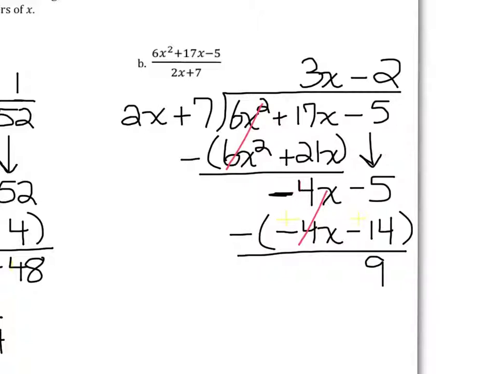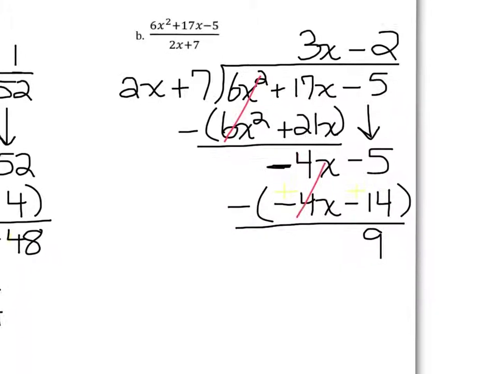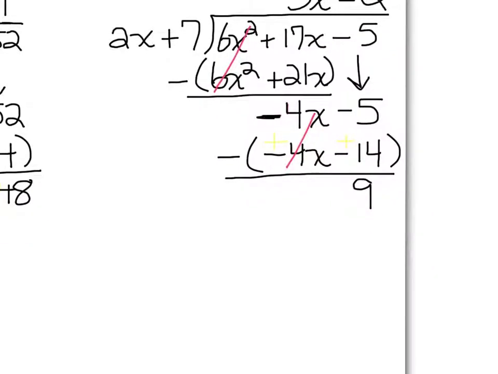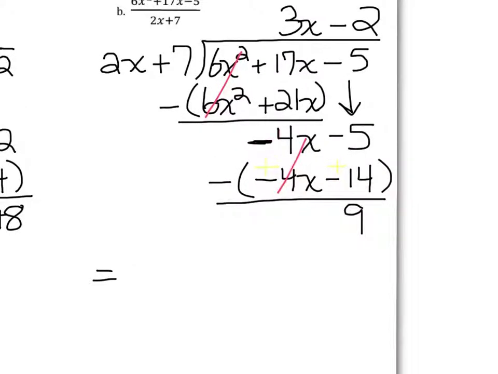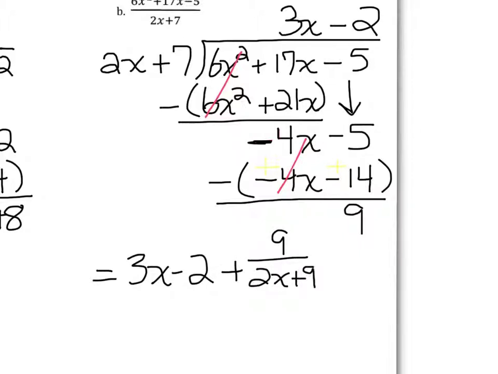And so I can write my solution here. I have my quotient and my remainder. And so my solution can be written as, see here, 3x minus 2 plus 9 over 2x plus 7, right?